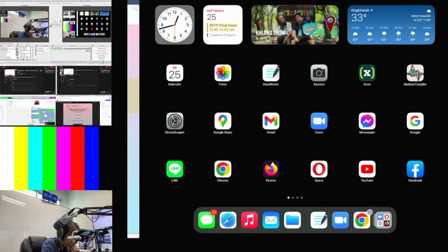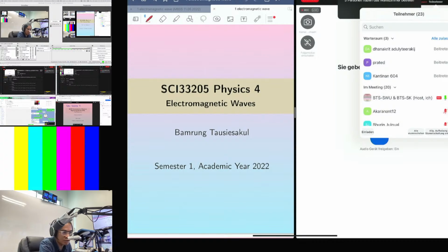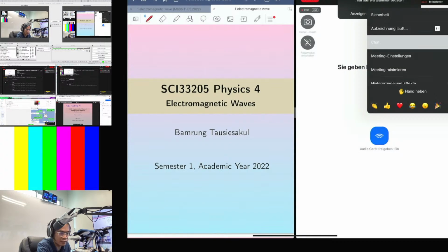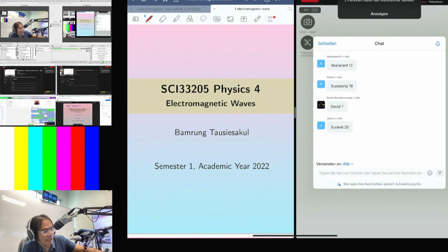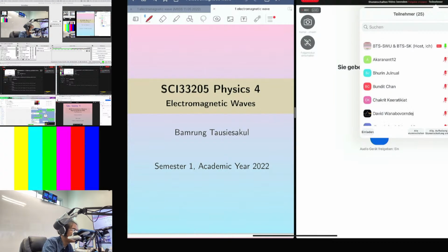As usual, just type your name in the chat box so that we can recognize each other and recognize that you appear in the classroom, right? What I forgot to mention, okay.